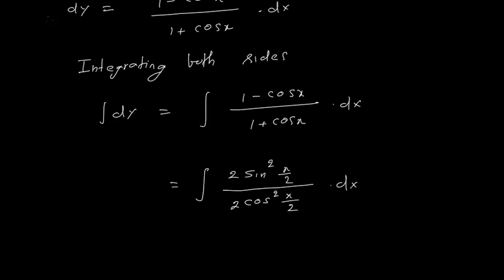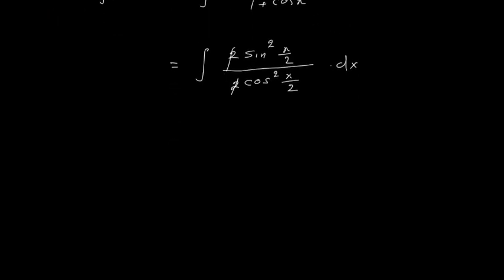Now this 2 and 2 you can cancel. Now sin square upon cos square is tan square, so you will get tan square x by 2. Now we cannot integrate tan square directly, so I will convert this tan square as sec square x by 2 minus 1 into dx.